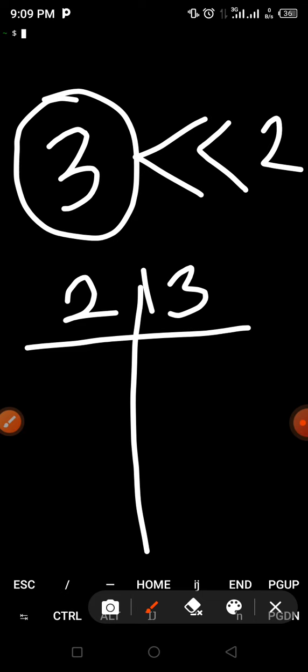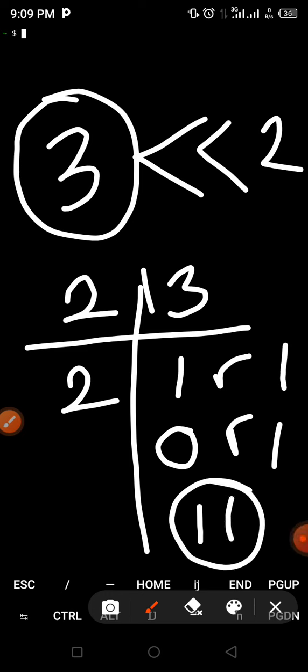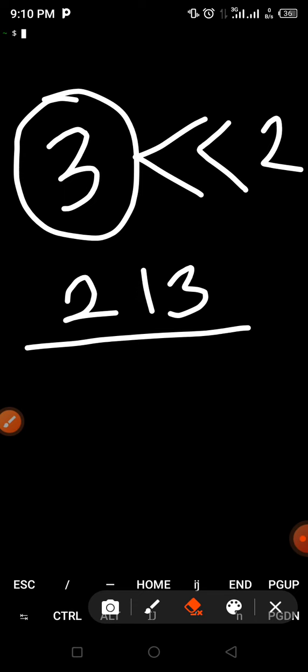So 2 divided by 3 goes in 1 remainder 1. So I go again, 2 divided by 1. It cannot go into it, so I'm going to drop 0, then the remainder is 1. So we have 1 1 as our final answer. So remember that 3 stands for 1 1.